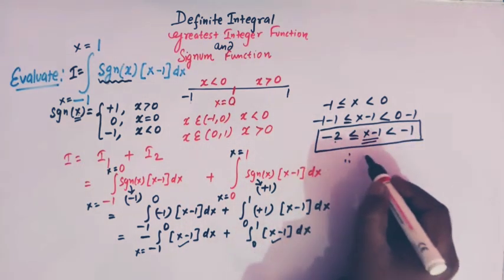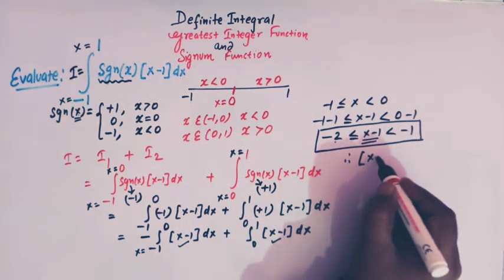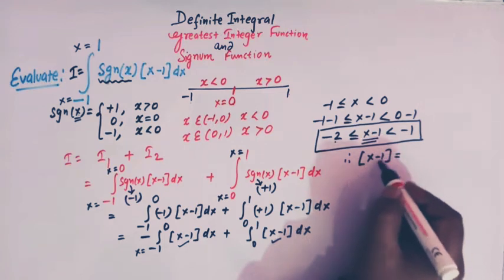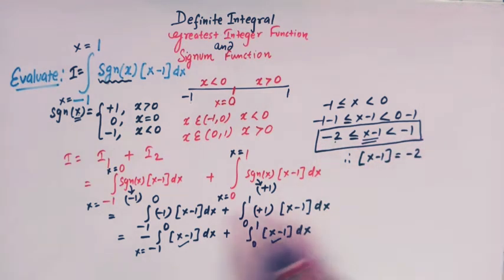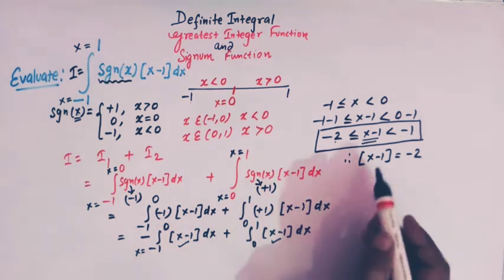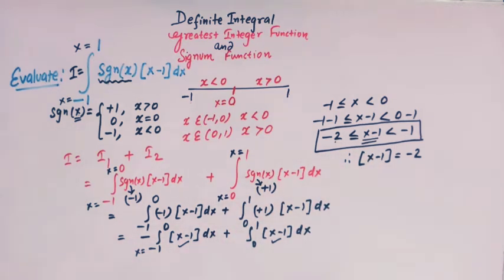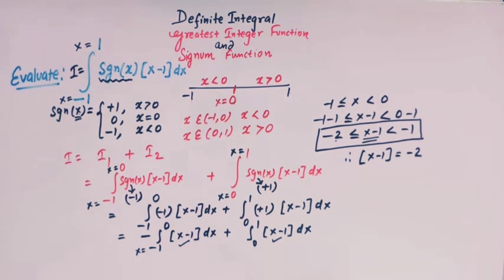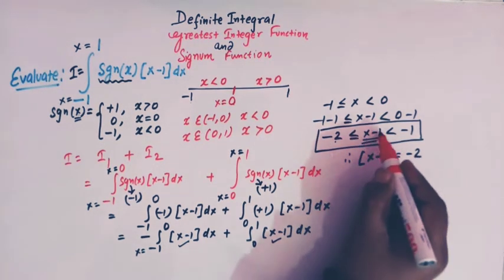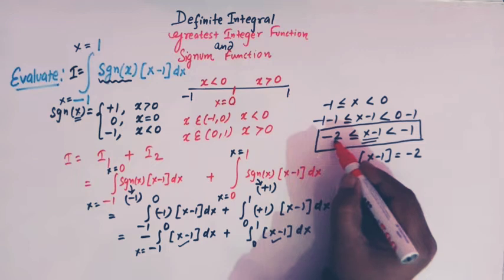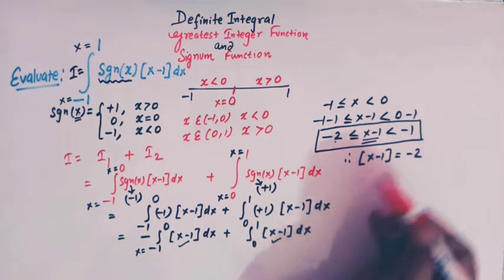So therefore the value of greatest integer x minus 1 is equal to minus 2, right? This is due to the definition of greatest integer function. So here the value of greatest integer x minus 1 is minus 2 whenever x minus 1 lies between minus 2 and minus 1.